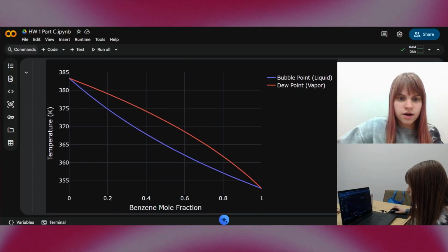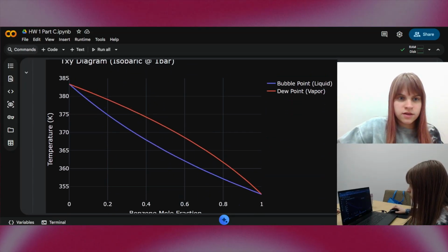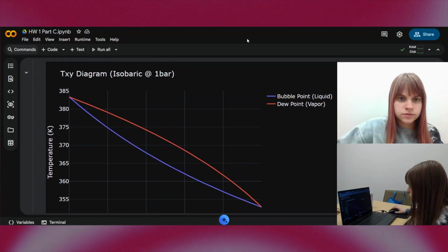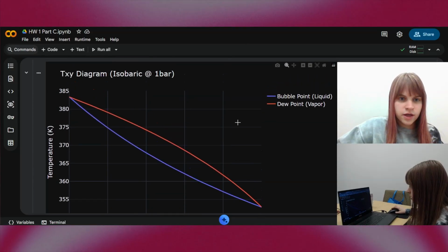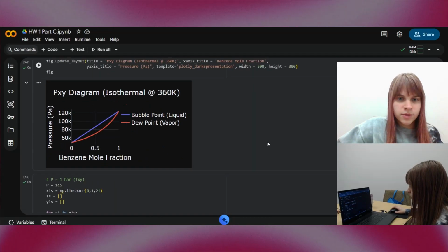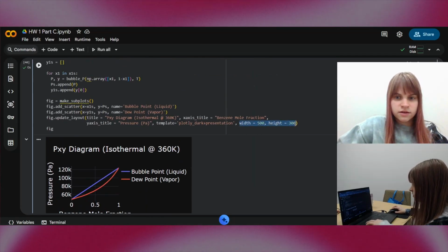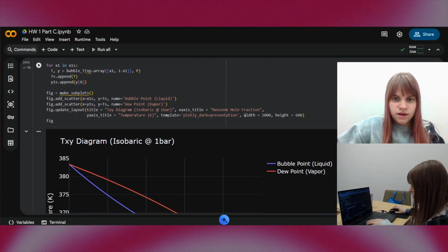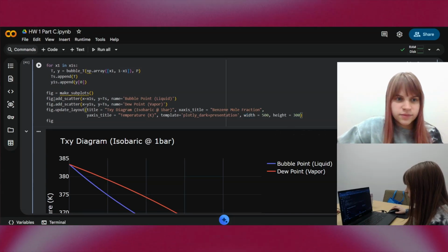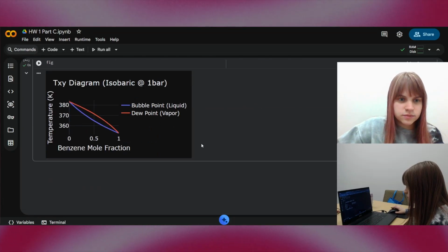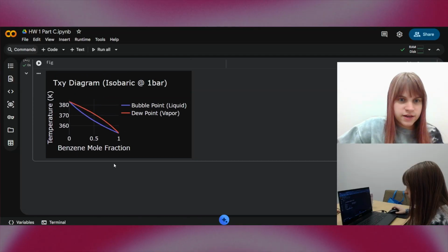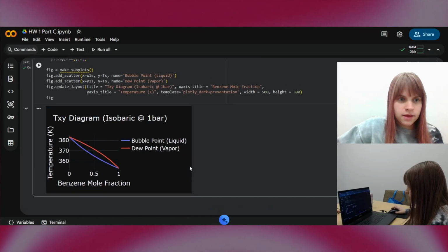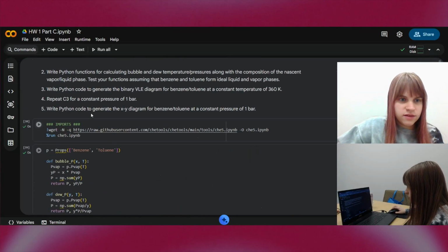And here is our TXY graph, isobaric at 1 bar. I'm going to go ahead and make this the same size as I made the other one, just so I can get some more space. So we got our tiny little graph right there. And let's see what's next.